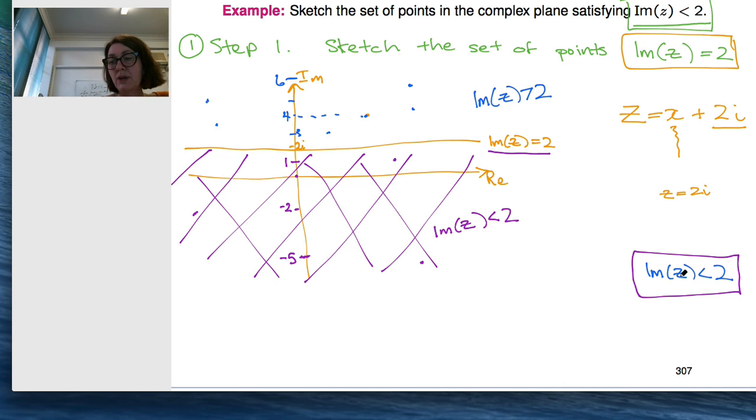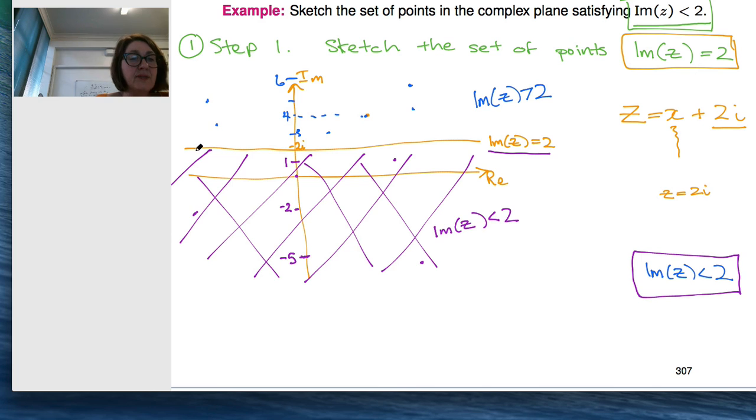Okay, well, it's certainly true that the imaginary part of z less than 2 looks like that bit that I've just coloured in there, but the problem is on my sketch I've also got this horizontal line as a solid line. Now that's the line where the imaginary part of z equals 2. I don't want the numbers that have imaginary part of z equals 2, I want it to be less than.